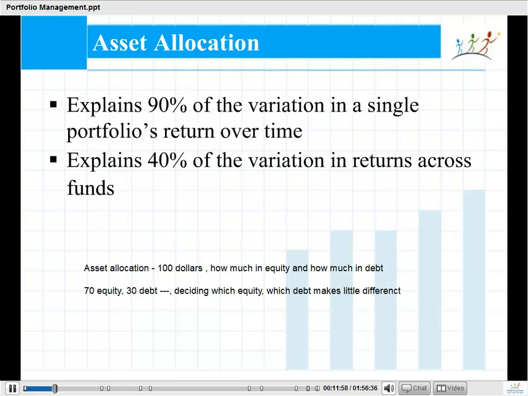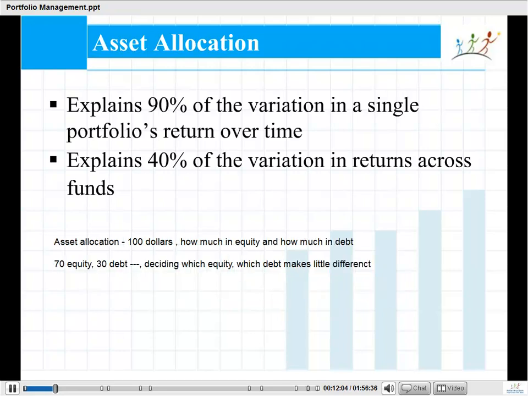So if I have two portfolios, or let's say I have three portfolios. Portfolio A has 70 debt, 30 equity. Portfolio B has 30 equity and 70 debt.